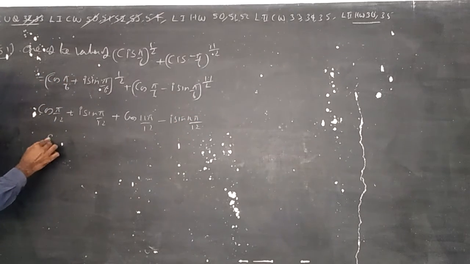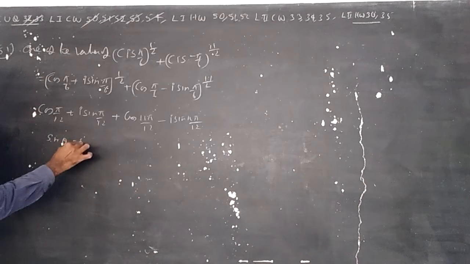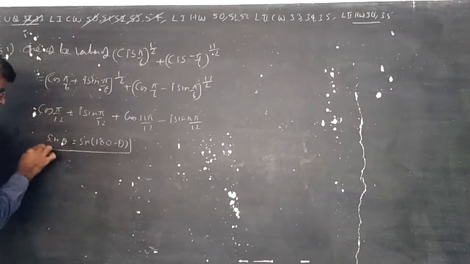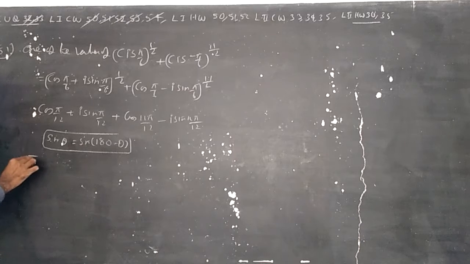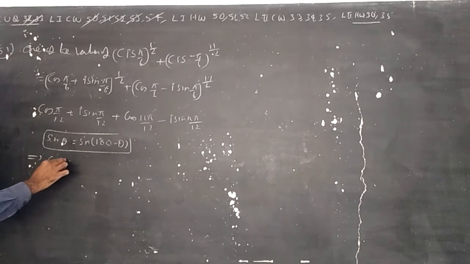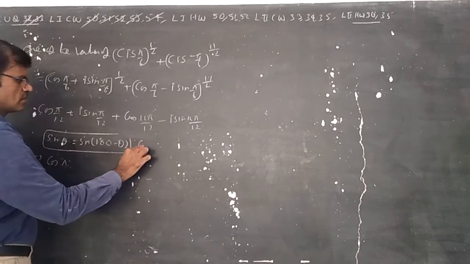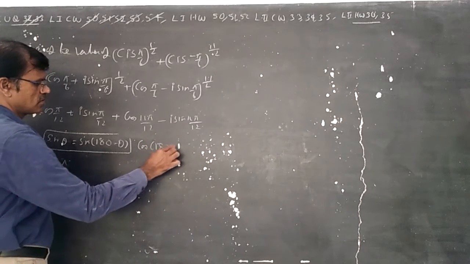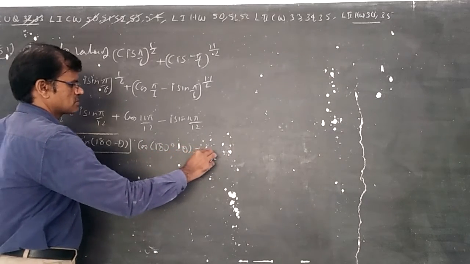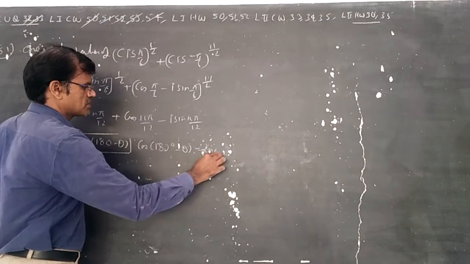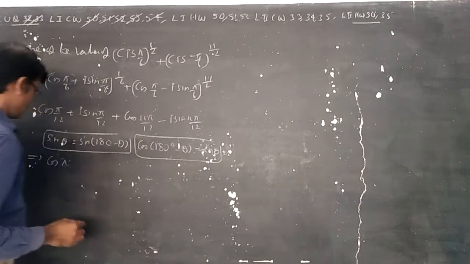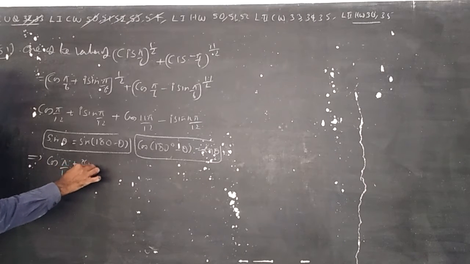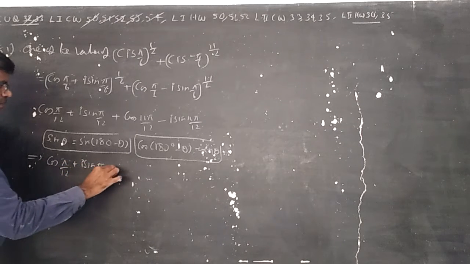Use the formula sin theta is equal to sin of 180 minus theta, and cos of 180 minus theta is equal to minus cos theta. Now use cos pi by 12 here plus i sin pi by 12 here.